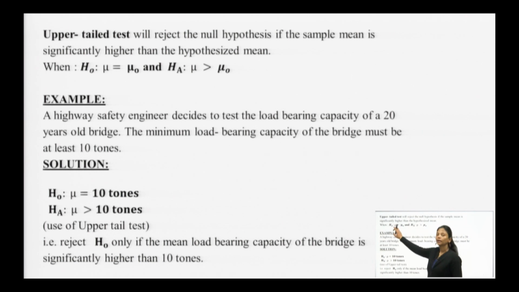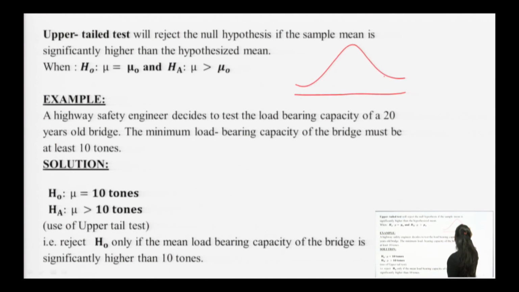That means the hypothesized mean is less than your sample mean, so it is an upper tail test, which is a right hand side tail test. This is H naught, which is supposed to be rejected, and this is H1, the acceptance area.